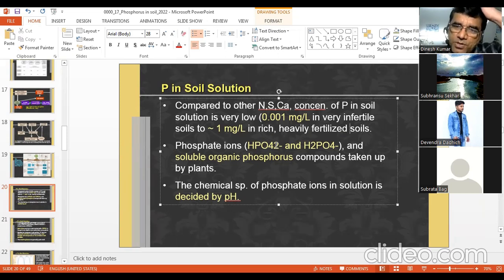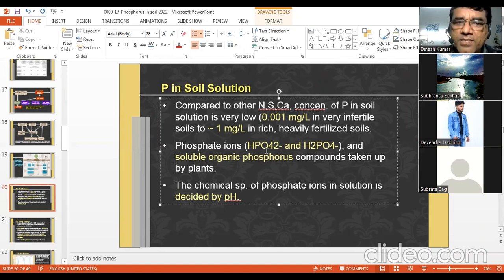Here it is not in superscript; I could not make it, but you can consider how to write it correctly. And H2PO4 -1. In H2PO4 you have -1. If it releases one hydrogen, then it becomes HPO4 2-. One more charge is added if you remove one hydrogen from here.